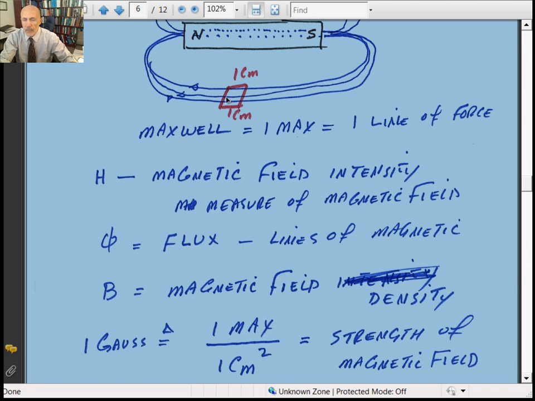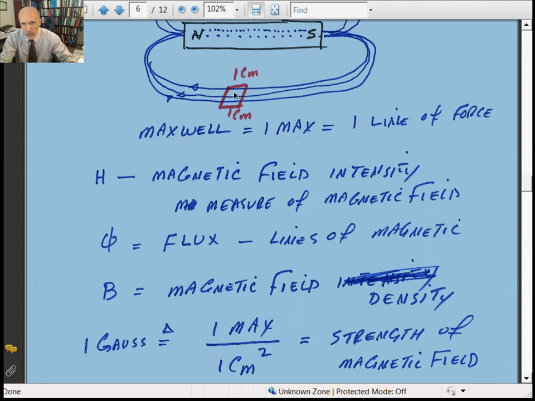So if you take 1 square centimeter and put it inside the magnetic field and count the number of magnetic flux lines going through it, then by definition that will give you the density, how dense your magnetic field is. Of course, if you have 1 line of flux, then you have a really weak magnetic field, so the density is low. But if you have 100,000, then you have a high magnetic field density.